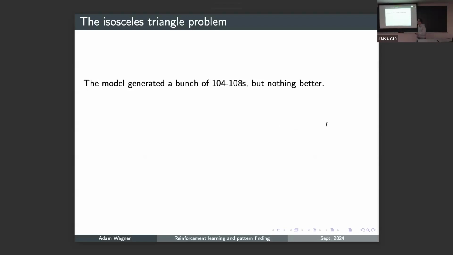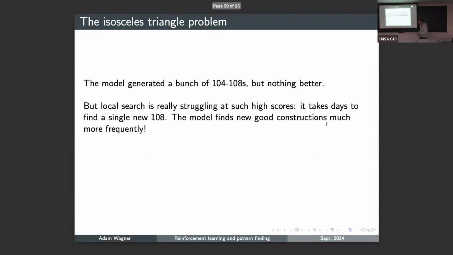What now? Well, initially we were stuck because it didn't improve, but then we noticed something fun happening. Once the training set was big enough, once we had enough good constructions in it, the transformer was outputting new constructions with 108 points at a much, much faster rate than we were able to find with our standard methods.